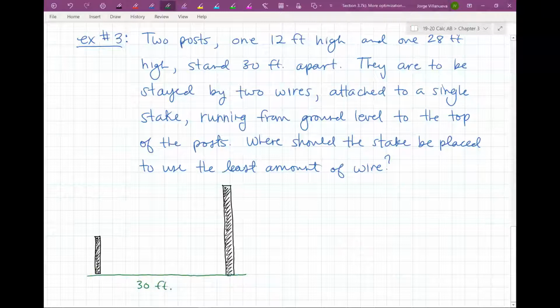So two posts, one 12 and the other 28, stand 30 feet apart. They are to be stayed by two wires attached to a single stake. So let's put the stake right here. Let's say that's where we hammer it in. And they're going to get wires and attach them to that stake.